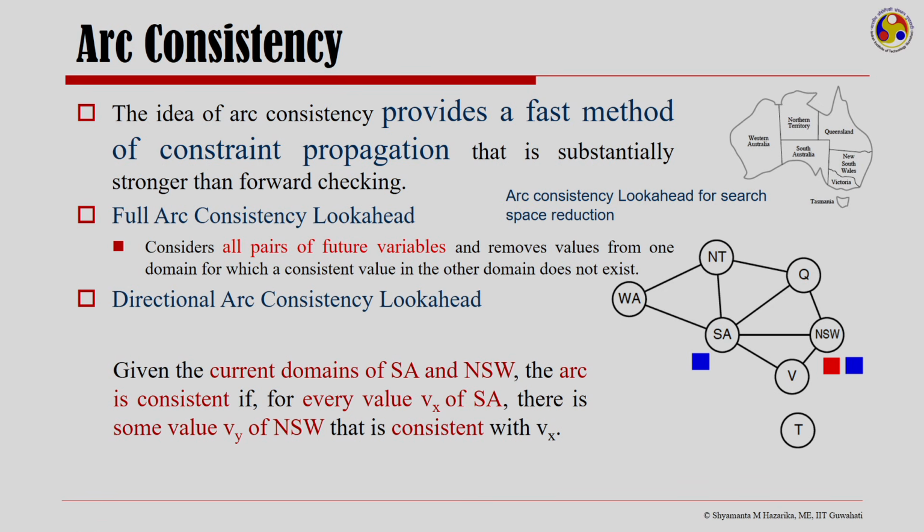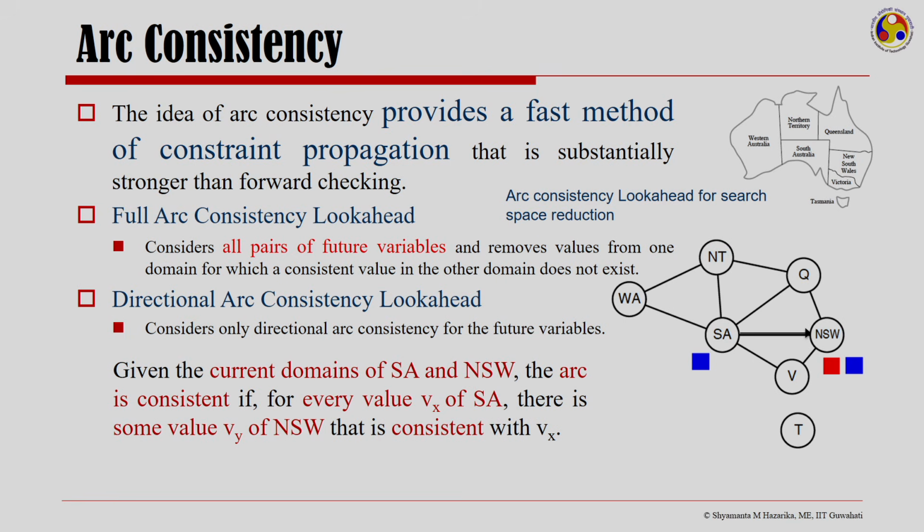The directional arc consistency look ahead is about considering only directional arcs for the future variable. Like in the example that we were discussing for the map coloring problem, SA to NSW, the arc is a directional arc consistency.